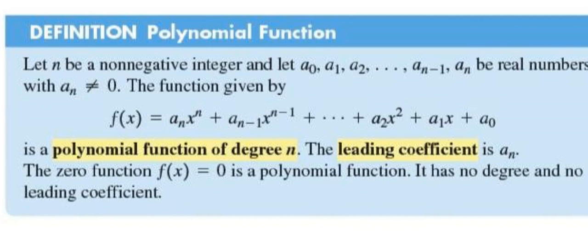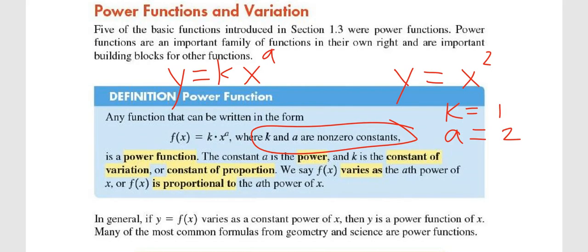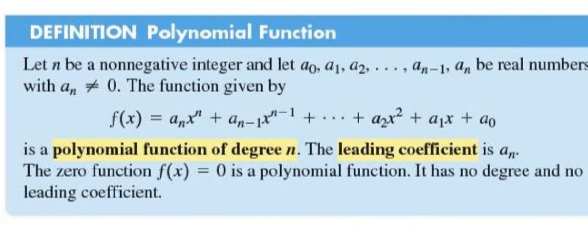Do you think every polynomial fits in the power function category? Yeah, I would agree with that. Not every polynomial fits in that. Do you think every power function fits in the polynomial category? Remember, a is a non-zero constant. Now, what do you know about the exponents from this?